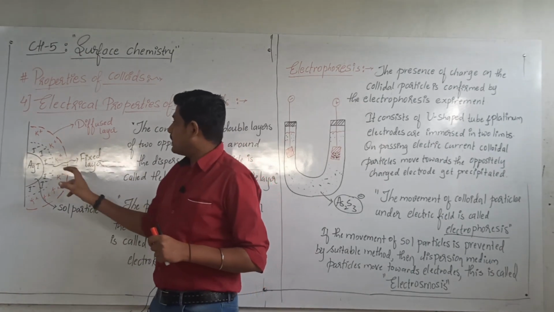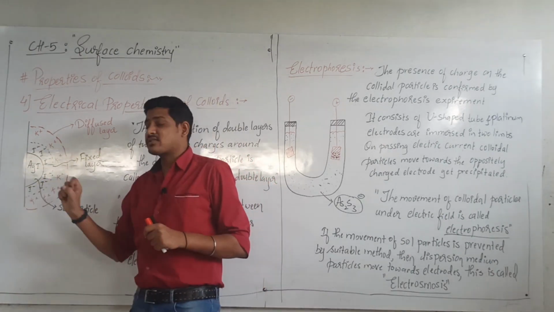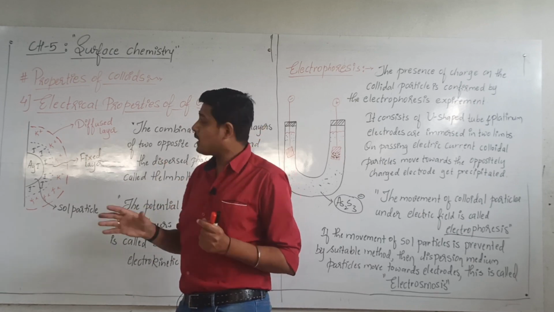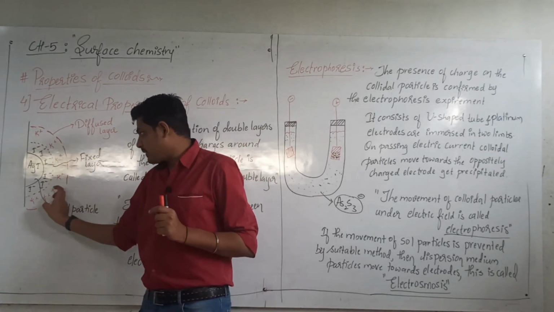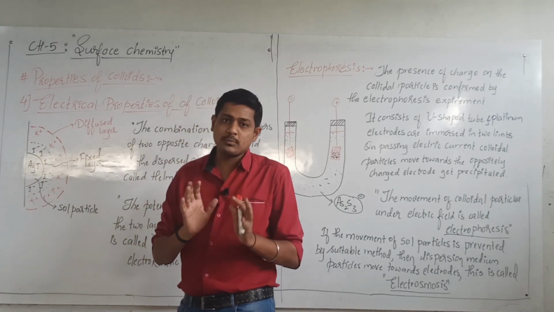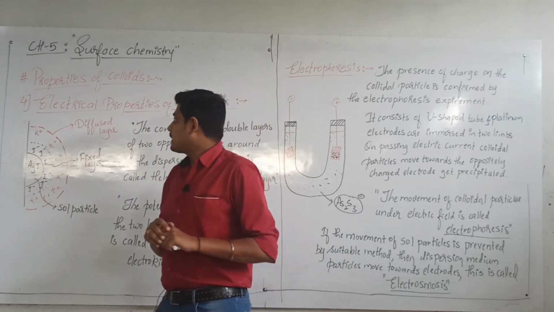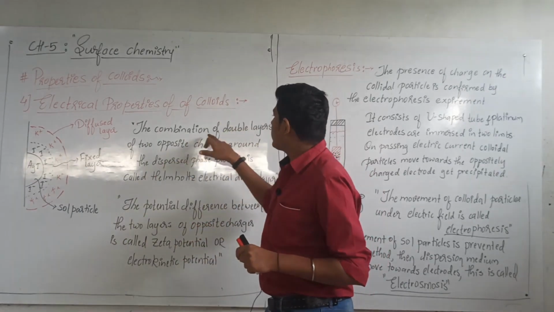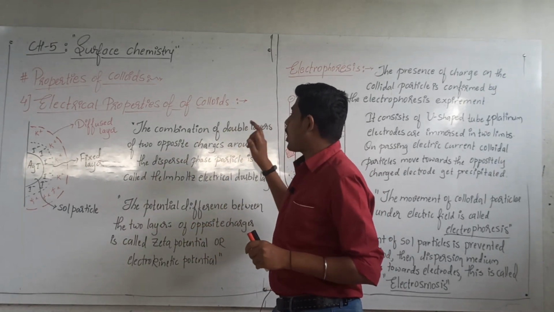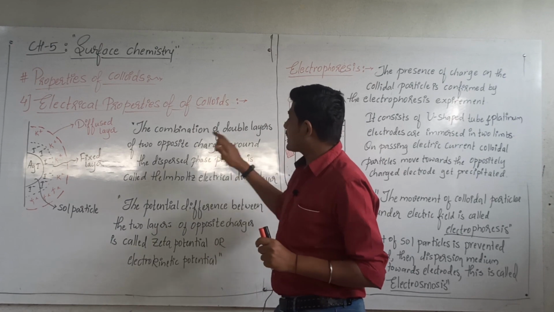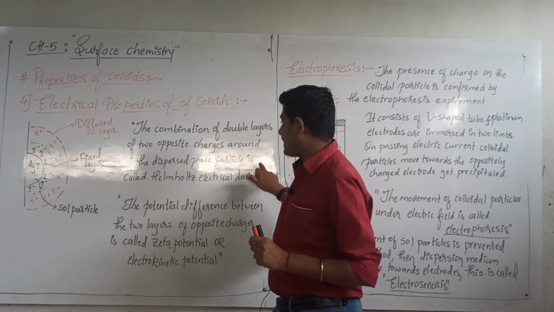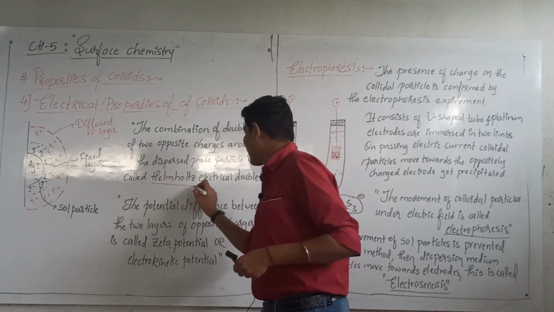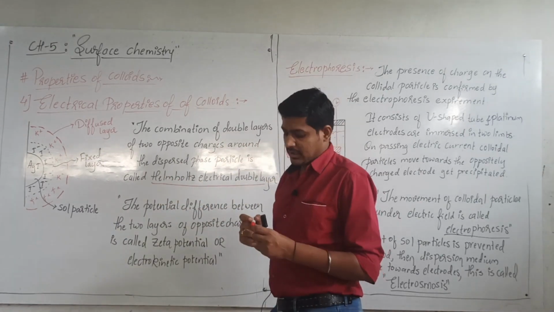Now see, this first layer, which is negatively charged, has a certain potential in it, and the second diffused layer which is formed has its own potential. The combination of double layers of two opposite charges around the dispersed phase particle is called the Helmholtz electrical double layer.